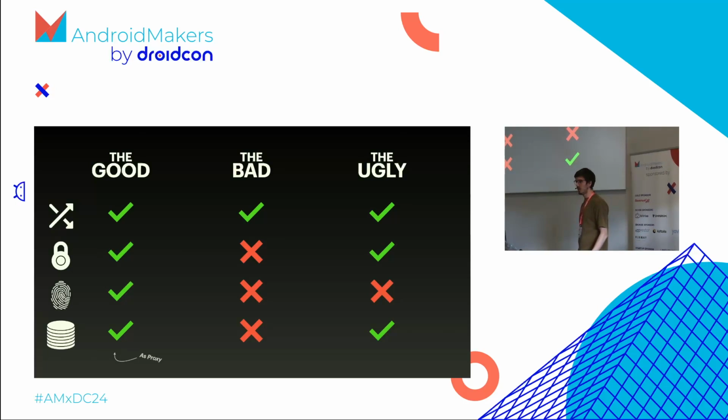This is the preferred way, but I will go into this in a bit. Then you have the bad way, where you just put the key into your source code and wish for the best. And the ugly, or probably the not so bad, would be to at least put the key on your server side or somewhere remote that you fetch at runtime, so it's a bit harder to get.